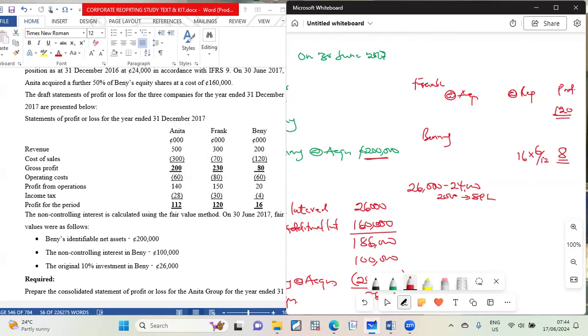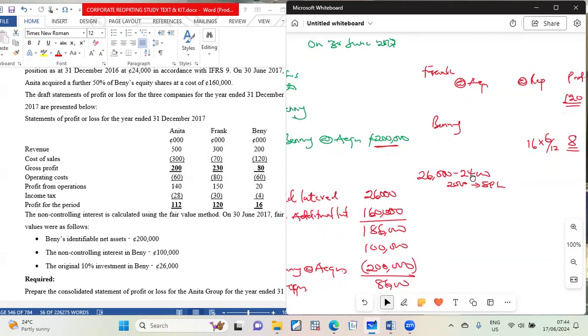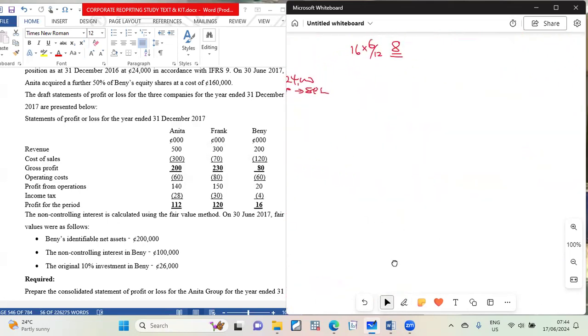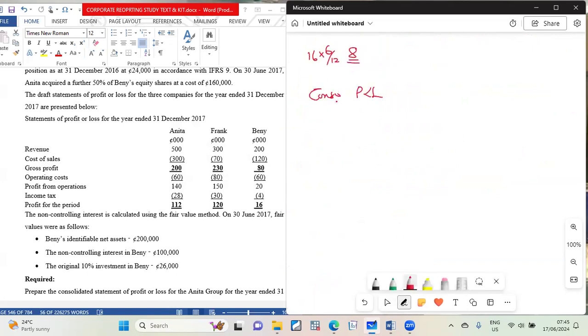And don't forget, if we are now sharing the P&L profit, this is where we'll be looking up to. So let's go, when we finish, we will come back and do the sharing. So let's do our consolidated P&L, all right? So consolidated P&L, all right? You should write the full thing, okay? So we've been given revenue.